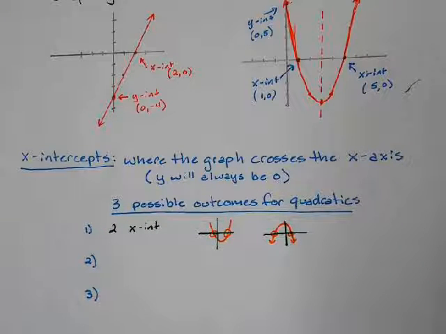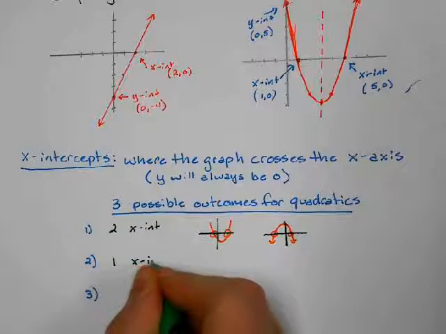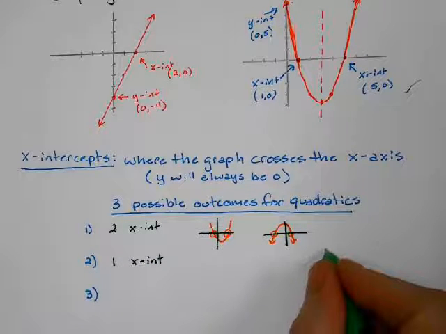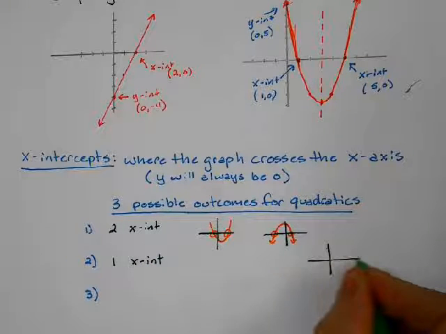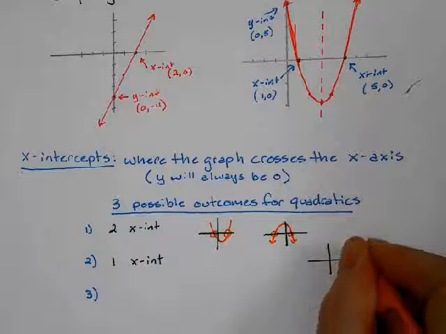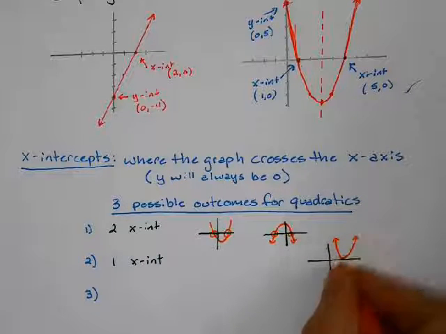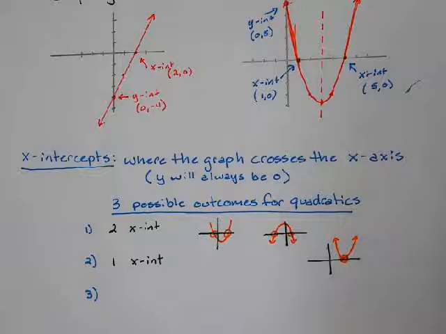But I could also get just 1. So how, you say? If I get 1 x-intercept, how would that happen? Well, what if I had a graph where the vertex was sitting right here? If the vertex is sitting right there on the x-axis, I would have only 1 x-intercept.